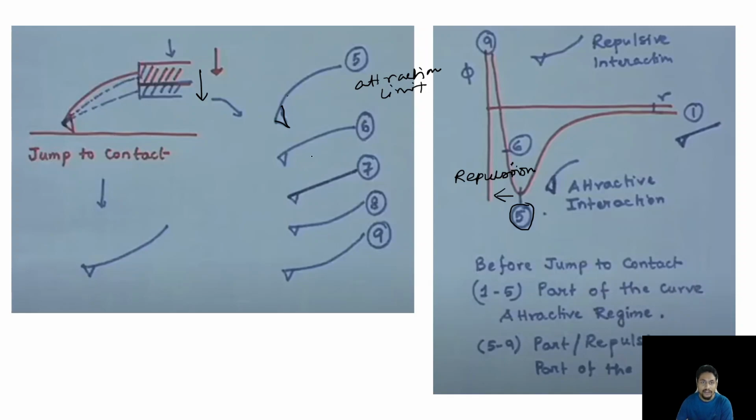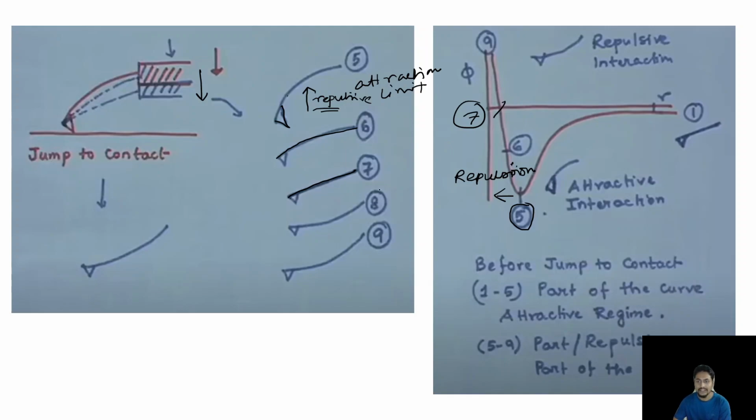So the bend is going to be straightened. So there will be a point, let's say this is point 7, when the repulsive force and attractive force are similar. So at that time there will again be no deflection.